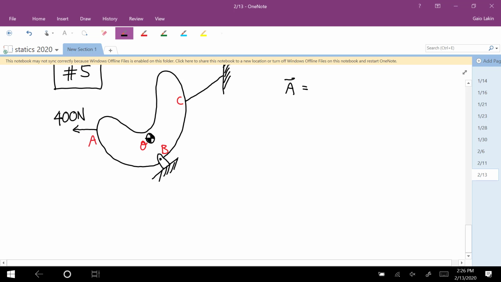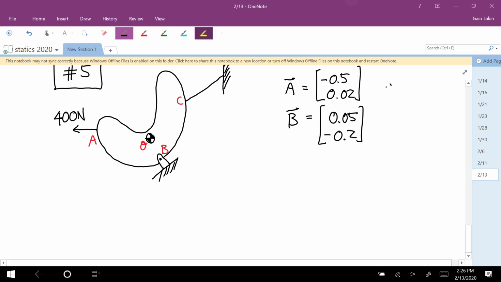The coordinates of the point A are negative 0.5, positive 0.02. The point B is 0.05, negative 0.2.